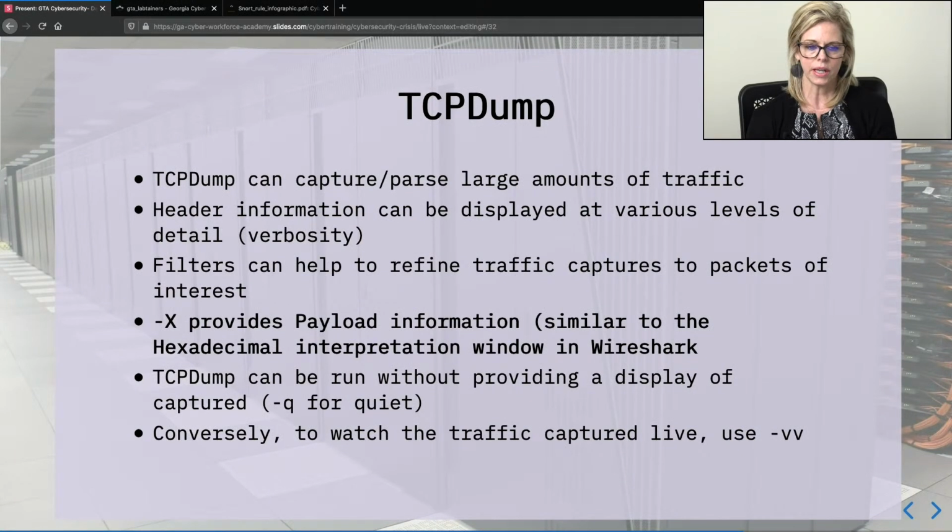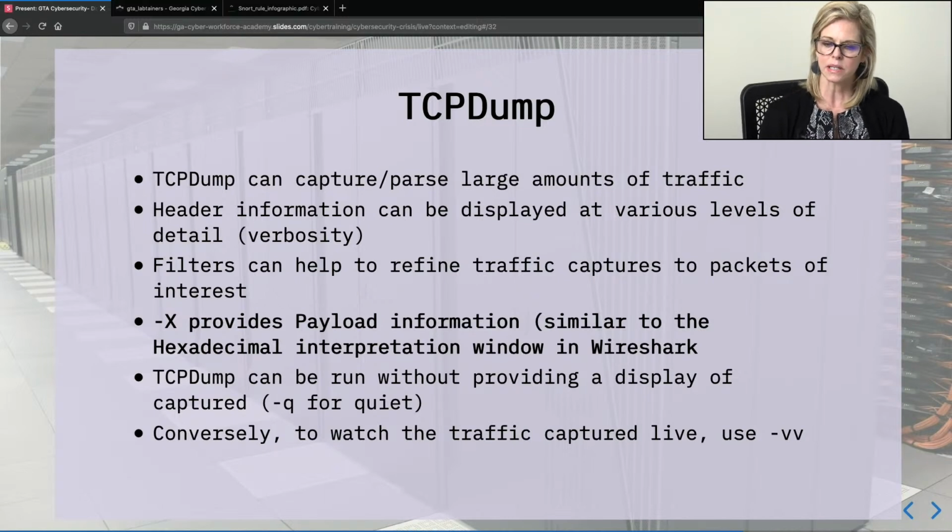The next utility that we'll go over is tcpdump. We said that Wireshark was not good for parsing large PCAPs, but tcpdump can capture and parse large amounts of traffic. The header information can be displayed at various levels of detail, which is synonymous with the word verbosity.